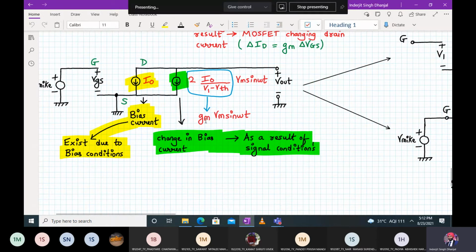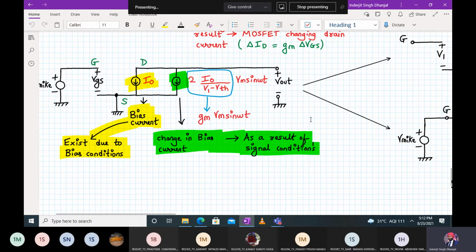It is also given by gm times Vm sin omega t, because this is the expression of gm, twice ID divided by (VGS minus VTH). So this is also some form of a transconductance.